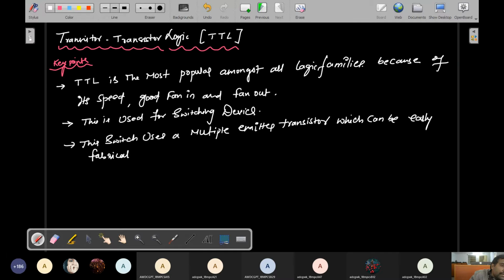Actually the TTL devices are used as switching devices, and this switch uses a multi-emitter transistor.